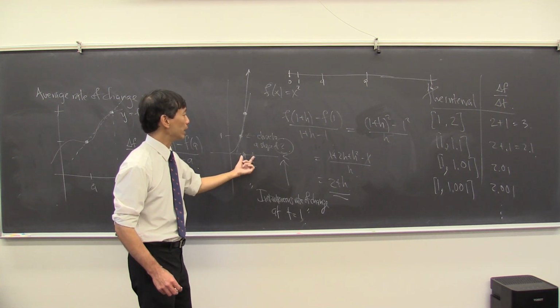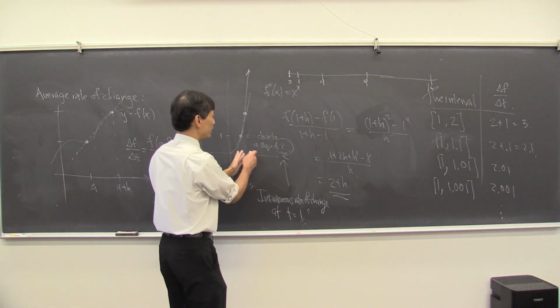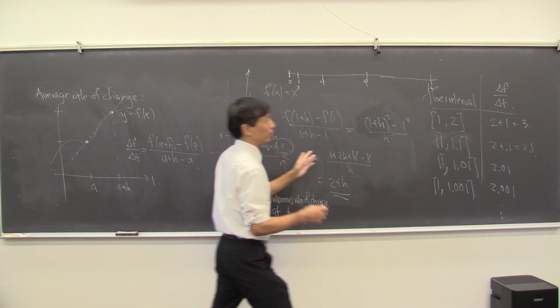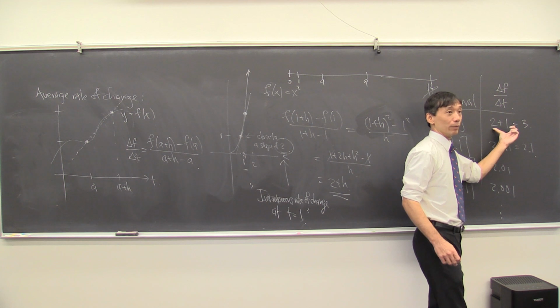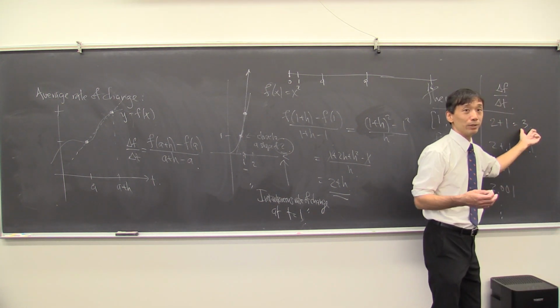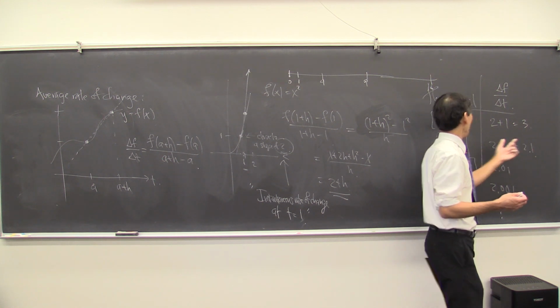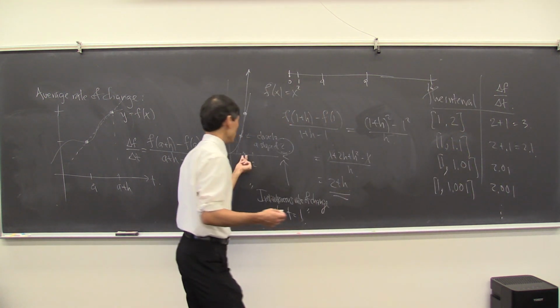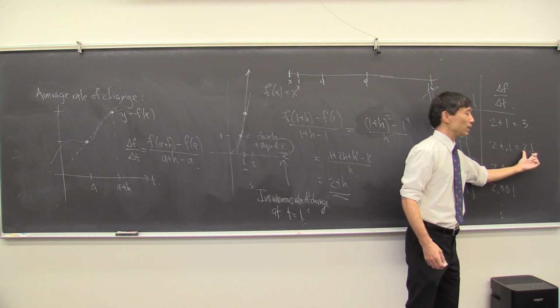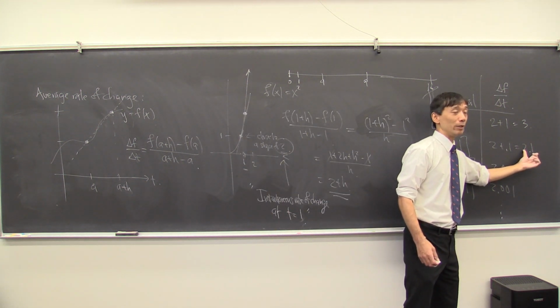The way we're doing it is we're saying the average velocity over 1 second was traveling 3 miles per hour, say. If we look over the next smaller interval, that speed was 2.1 miles per hour.